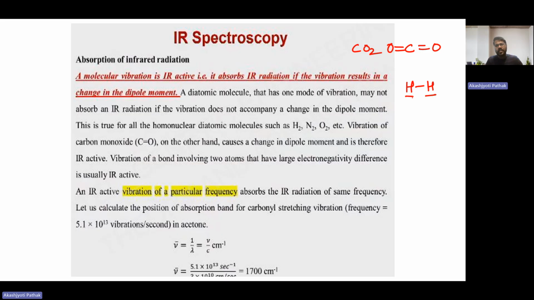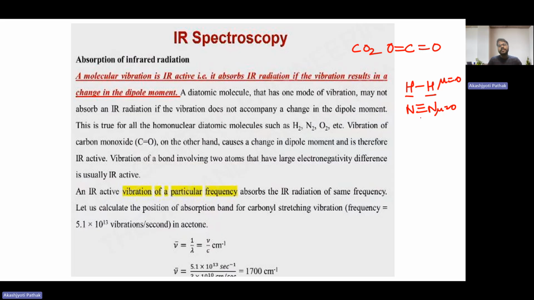So two atoms of hydrogen make up the hydrogen molecule. Similarly, nitrogen also has two atoms of nitrogen, which make the nitrogen molecule. In these types of molecules, there is no dipole moment, isn't it? The dipole moment is zero. So the vibration will not accompany a change in the dipole moment, isn't it?